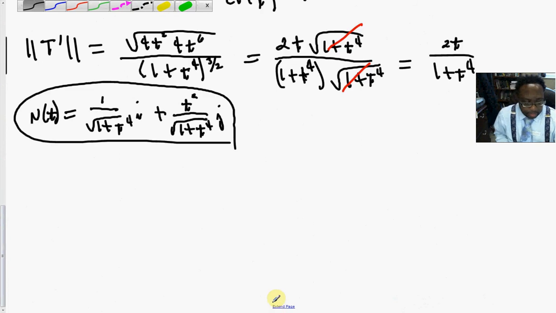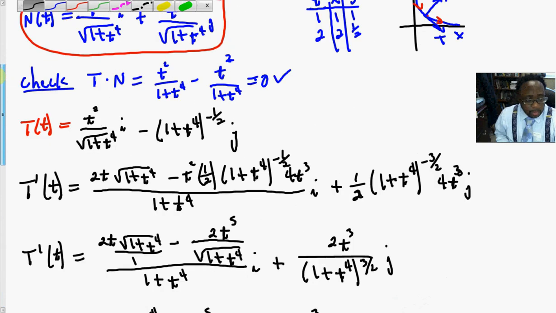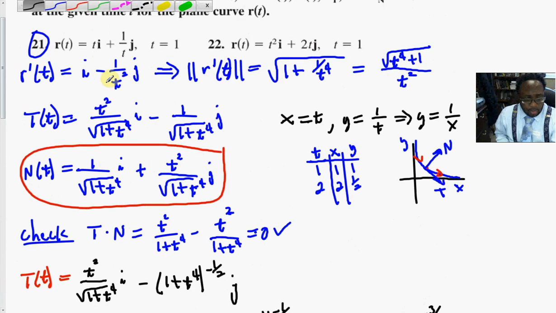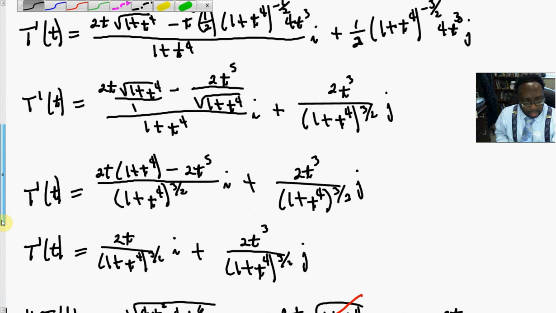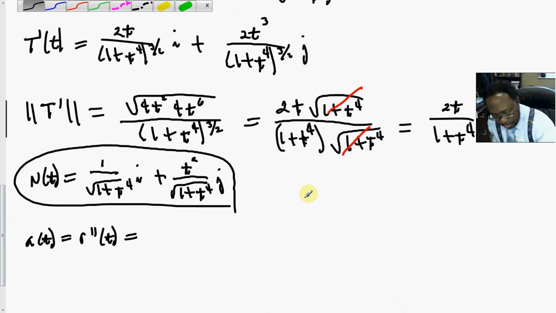Now, to get the tangential component of acceleration and the normal component of acceleration, we need to find the acceleration. So a of t is r double prime of t. So r prime was this, i minus 1 over t squared j. Better write that over here: i minus t to the negative 2 j.